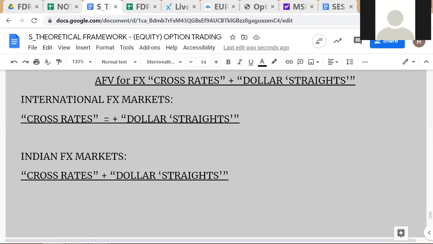Okay, you can't find that applet anymore, I guess. It's a very useful applet looking at different FX markets. But anyway, so, international FX markets.